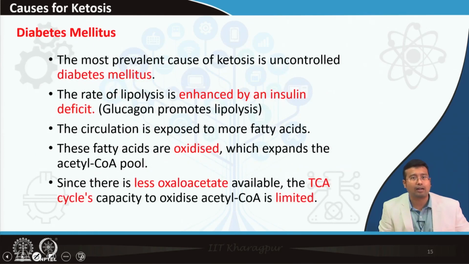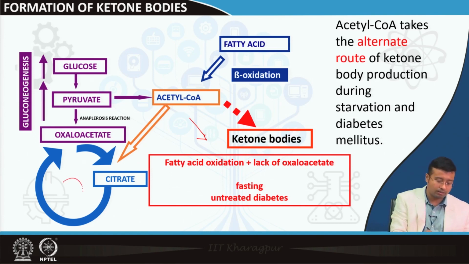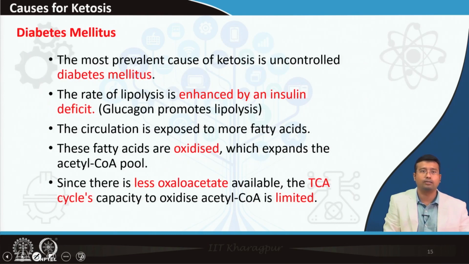So, this was about starvation, right. Again common pathology, you see the whole thing, again acetyl coenzyme A coming and getting diverted here because it cannot be utilized by the oxaloacetate deficiency in the TCA cycle. TCA cycle is jeopardized, right.